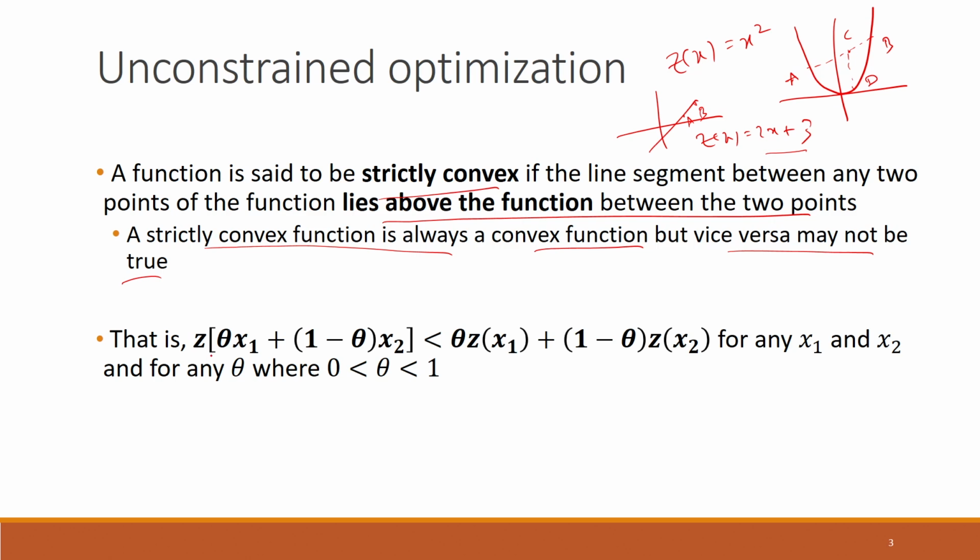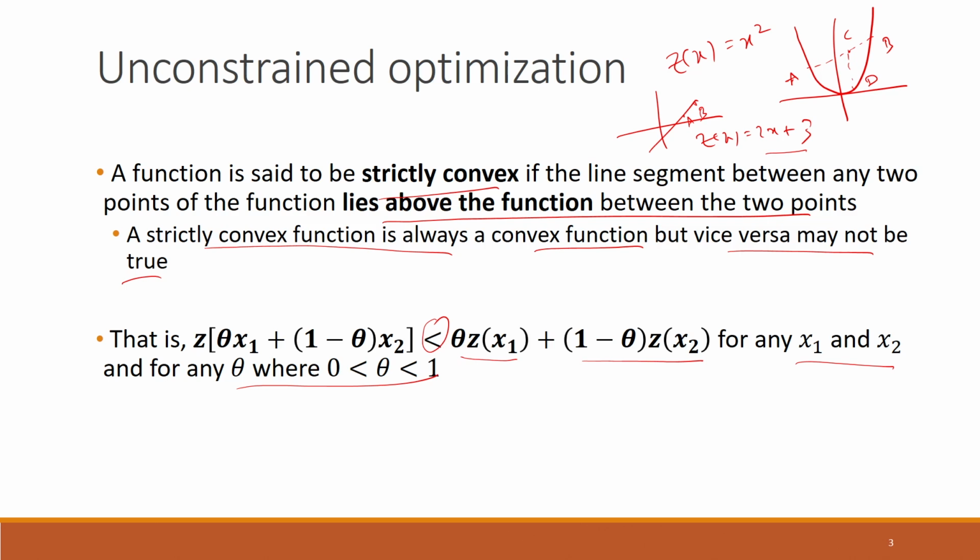Mathematically, to say that a function z is strictly convex means that z of theta x1 plus 1 minus theta x2 is less than theta z(x1) plus 1 minus theta z(x2), for any arbitrary x1 and x2 and for any theta which lies in the interval 0 to 1. The change from the case of convex functions is that now we have this less than sign here.